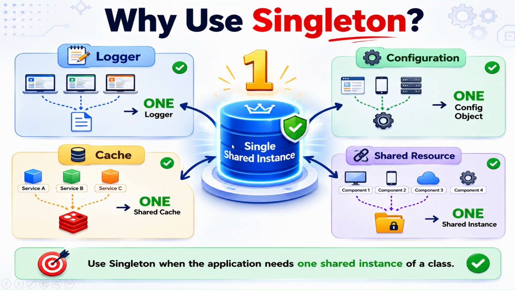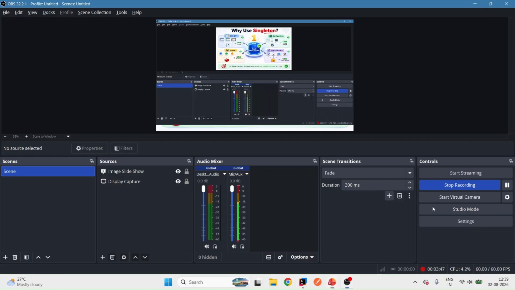Here is the logger example as well. We need only one logger object and we are done. Same for caching, same for configuration, and same for a shared resource. So we are done with the theory. Let's do the hands-on.